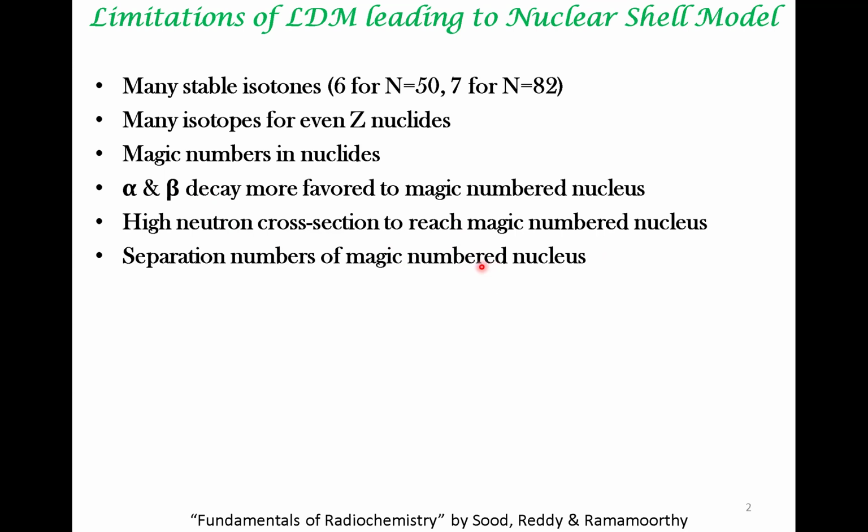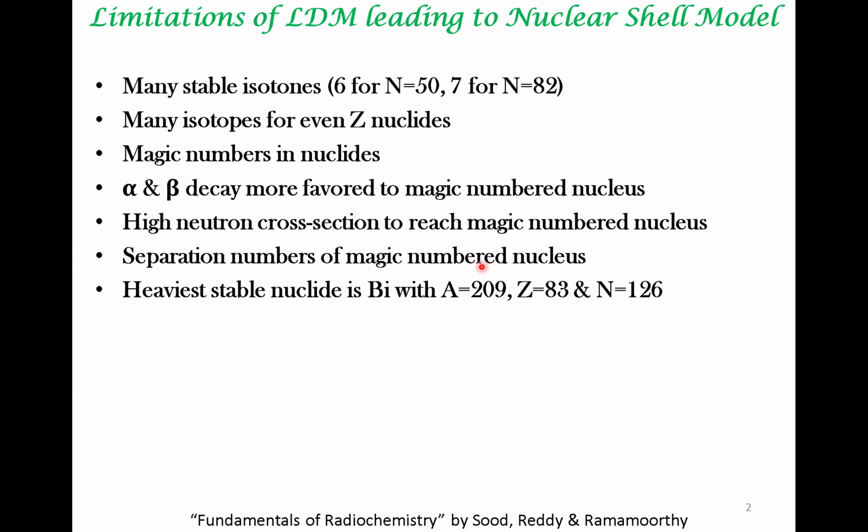That's not explained by the liquid drop model. And there are other observations, like the heaviest stable nucleus is bismuth, with this atomic number, atomic weight, and this many neutrons. Why this should be so is not clear. There are some excited states that are formed because of beta decay.